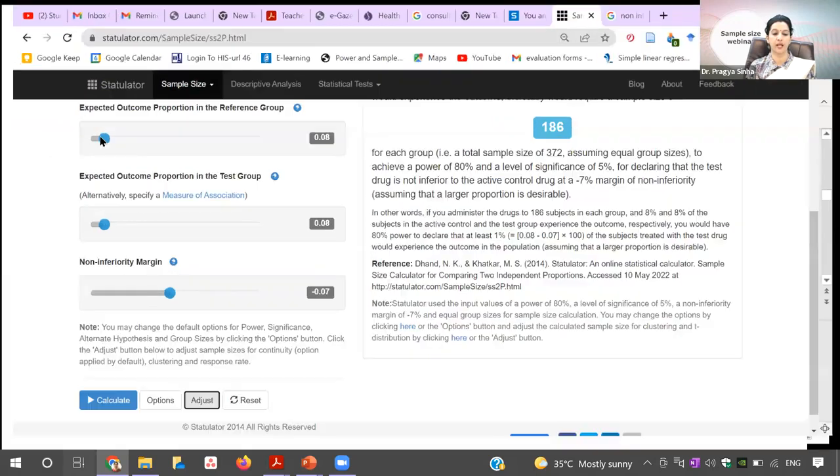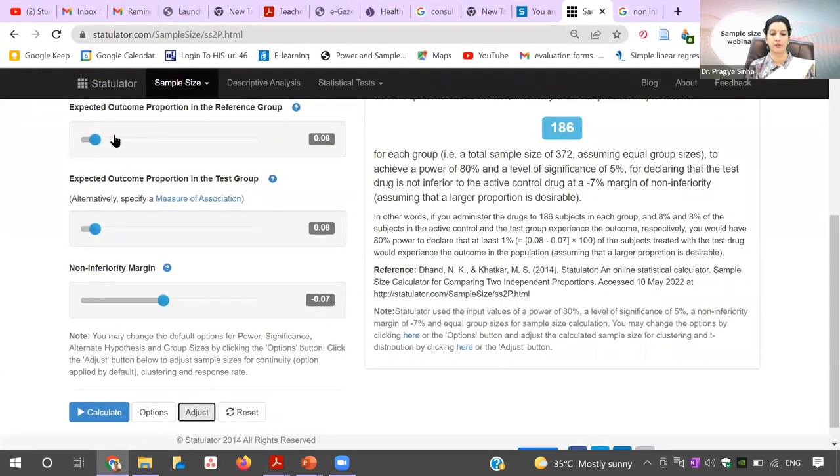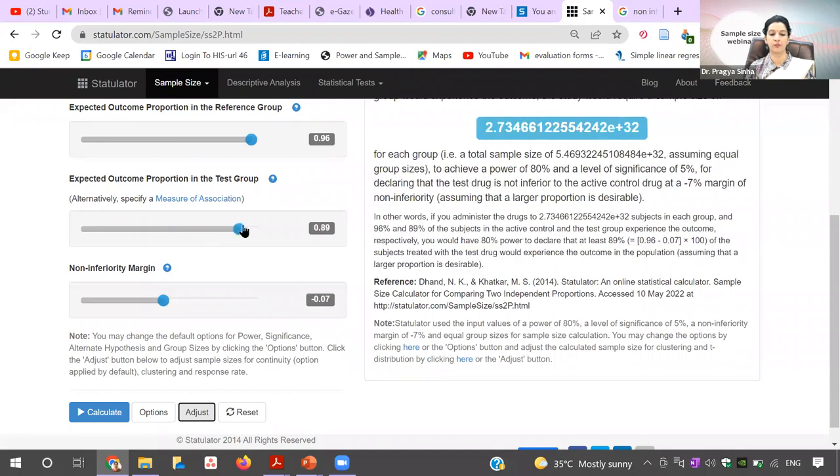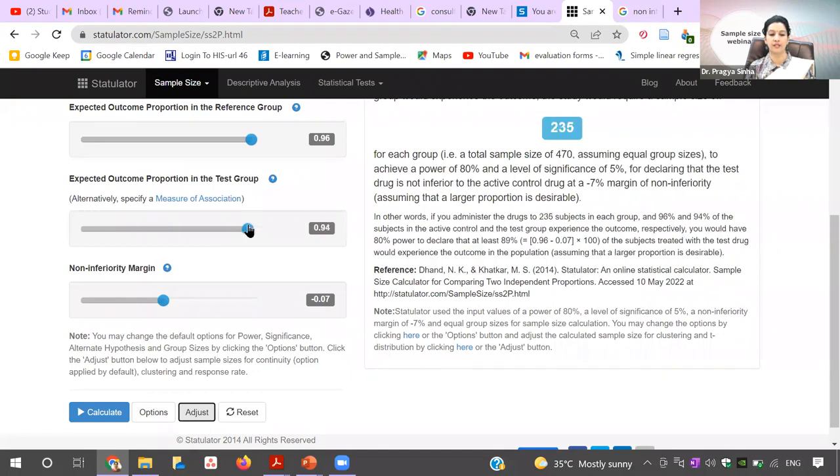96% will be 0.96, so I will make this 0.96. This will also be 0.96 because they are both the same. So you can appreciate that in the mean also it was the same, there was no difference.